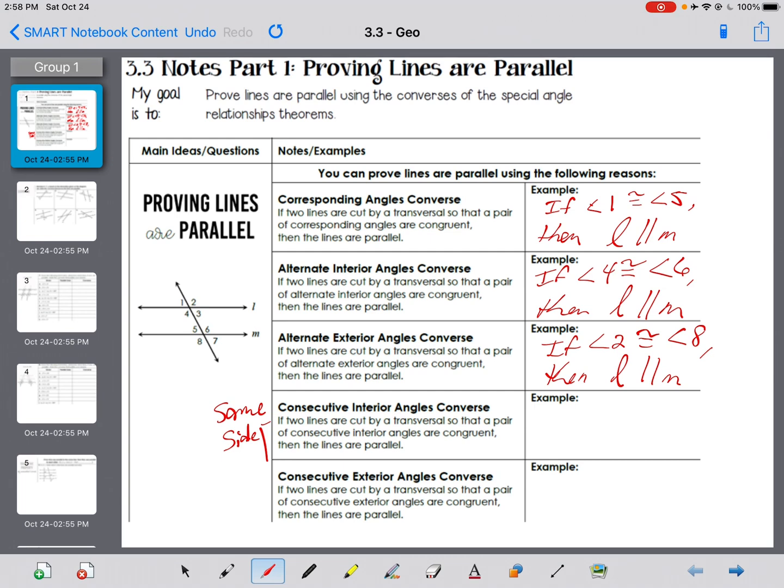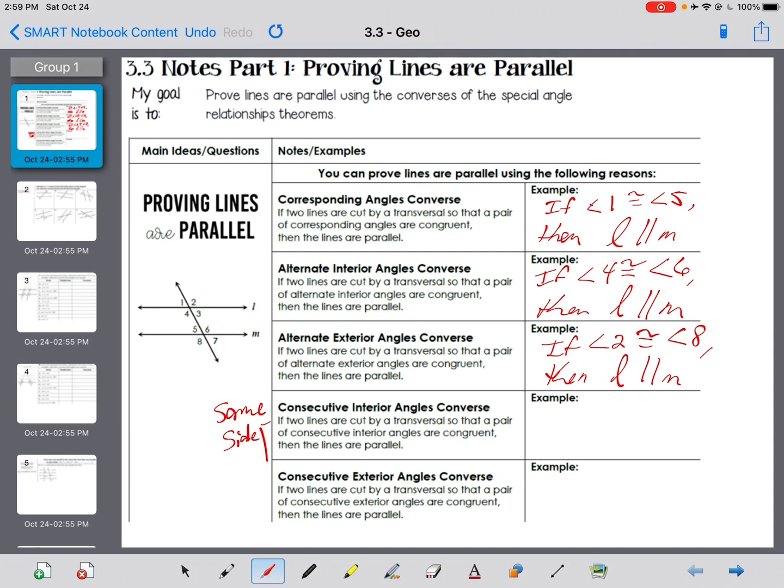Now, when we talk about consecutive, the same sides, remember the S sounds, same sides are supplementary. So if two lines are cut by a transversal so that a pair of consecutive interior angles are congruent, then the lines are parallel is not the right thing, okay?